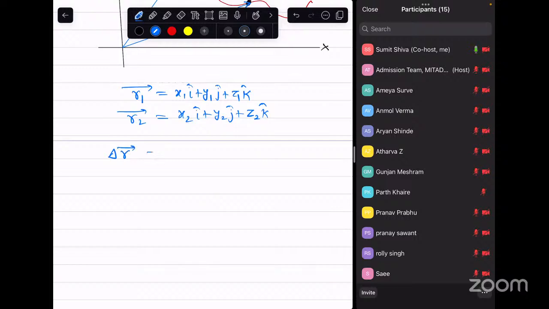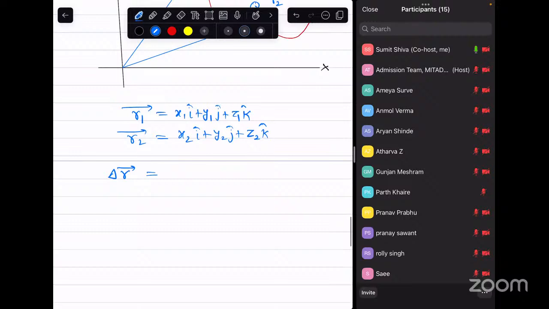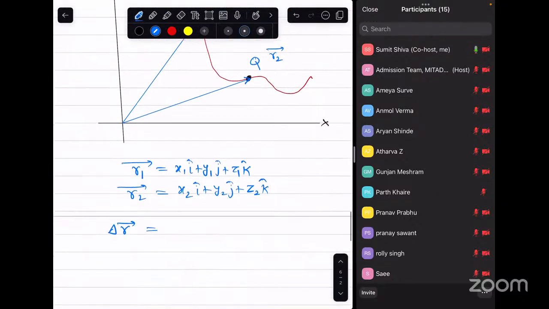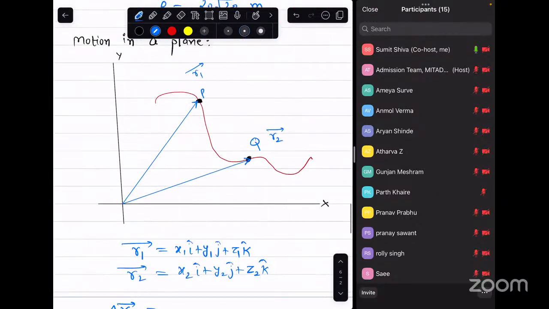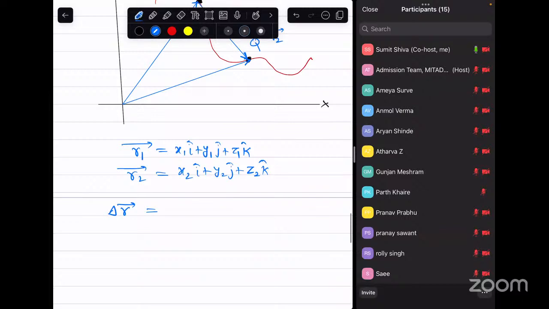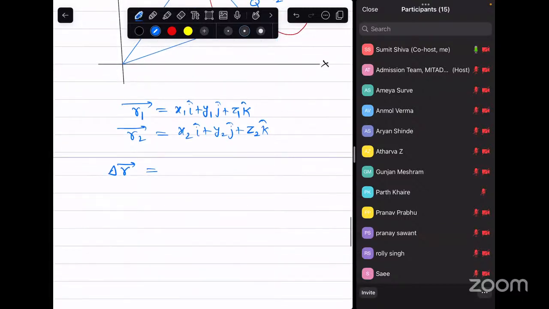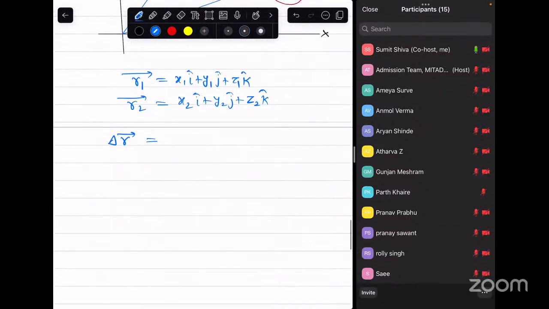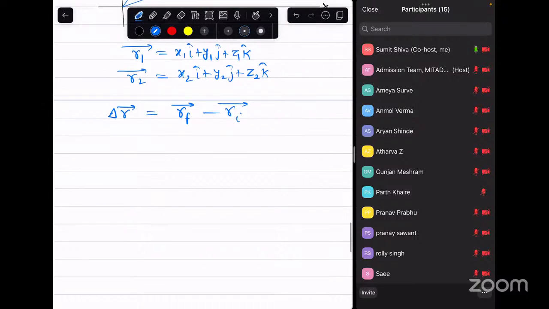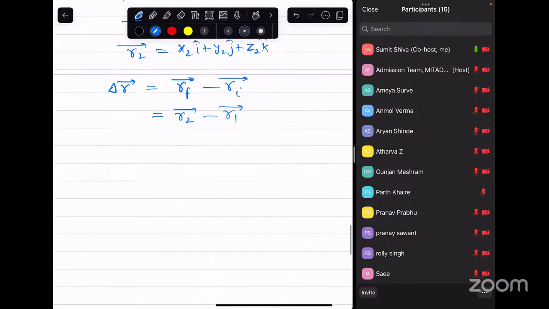Now what will be delta R? Delta R here is displacement. Displacement of any object is given by final point minus initial point. But in case of motion in a plane, we write it as final position vector minus initial position vector, which will be R2 vector minus R1 vector.